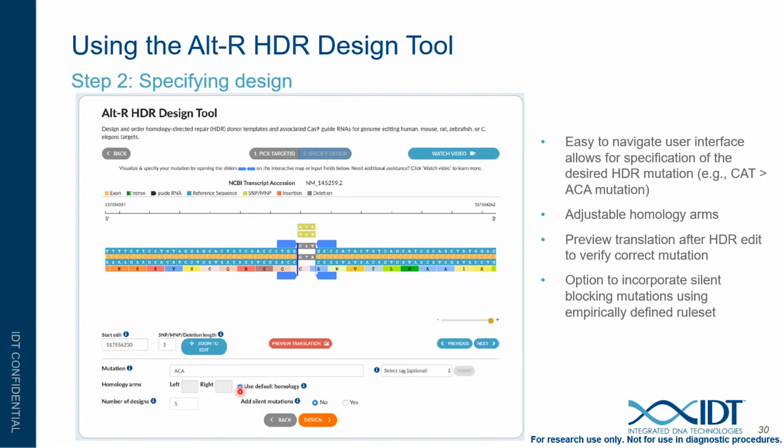And you can see down here in the menus, you can either use our default homology arm length settings, which are either 40 or 200 bases, depending on your length. And you have the option of including silent mutations. And you can see there is also a preview of the coding region here, so you can verify that your mutations are doing what you would like.